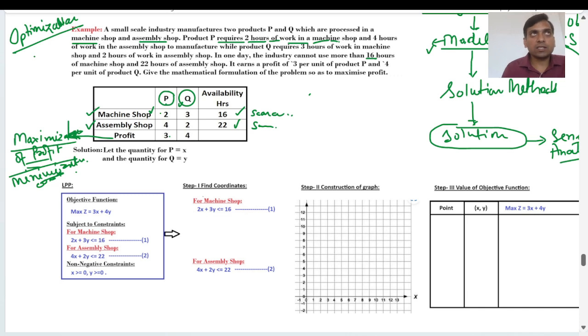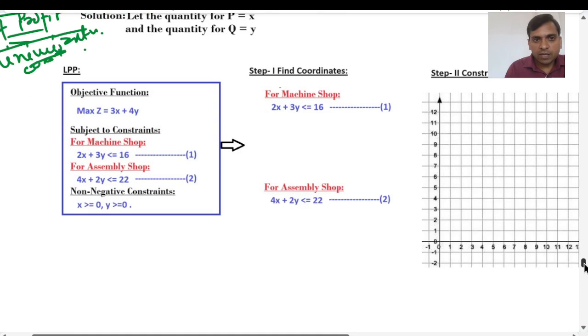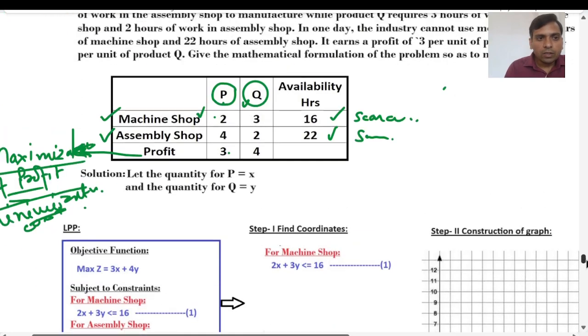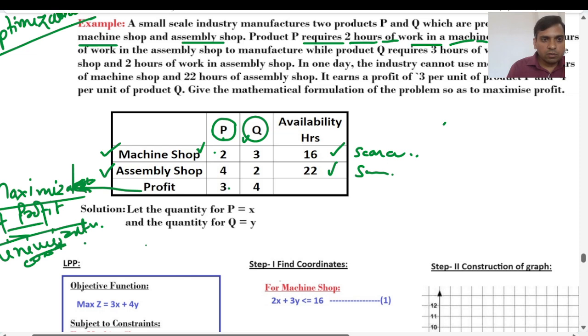If this is the case of things which should be maximum, this is a maximization case. So this case is associated with profit, so we can say this is a maximization case. So now we will write this case in the form of a mathematical model, or simply we can say formulation. So suppose we are producing X quantity of P and Y quantity of Q, and the main objective of this problem is to find the values of X and Y.